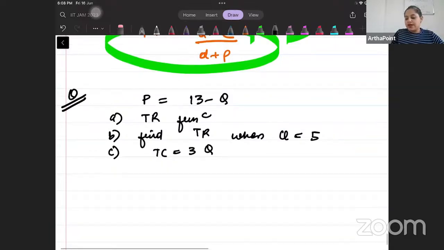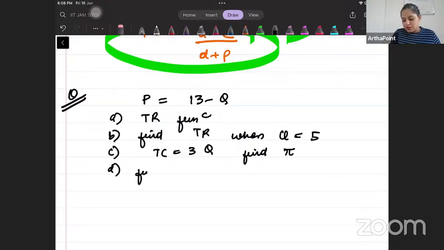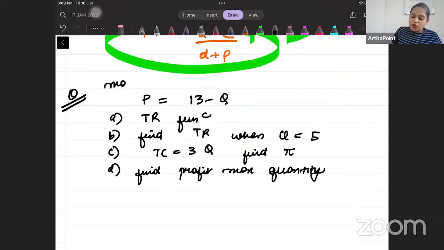You're supposed to find profit, right? And finally, you're not only supposed to find profit, but you're also supposed to find profit maximizing quantity. This is all given that it is a monopoly market.